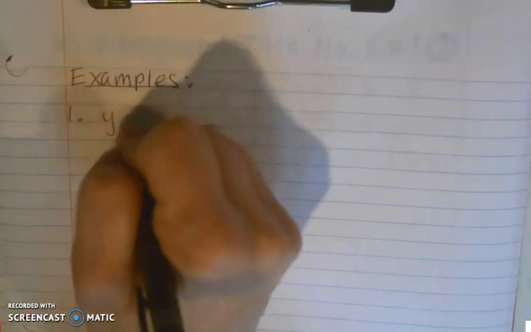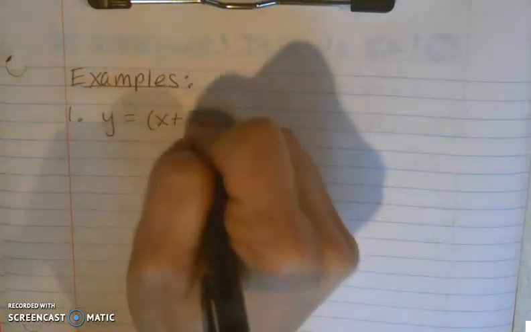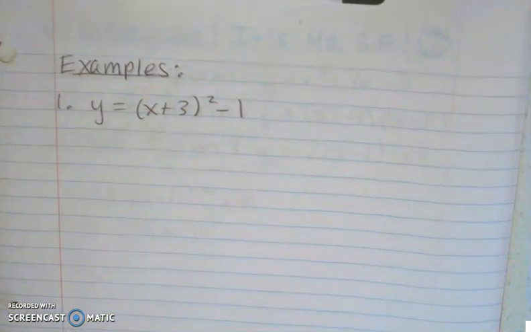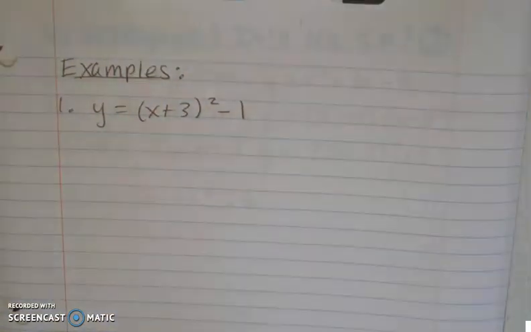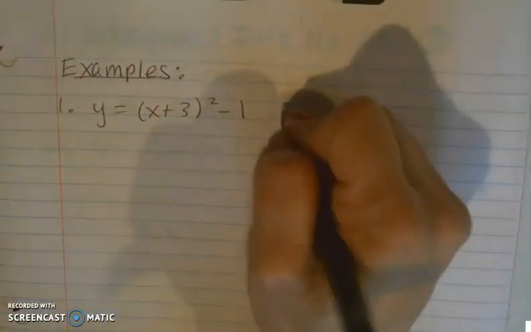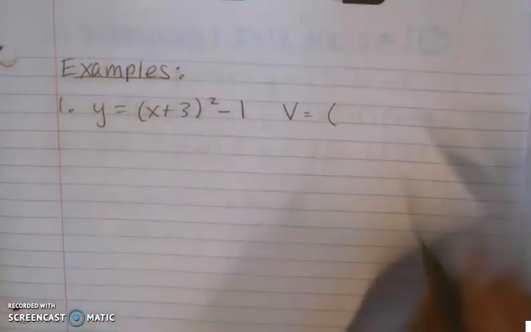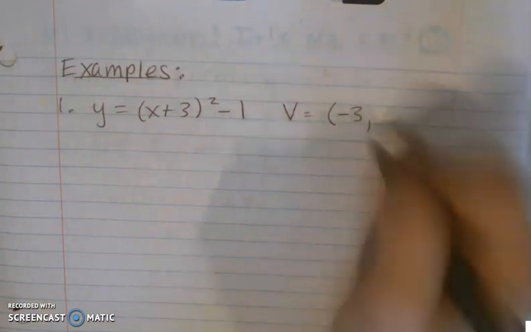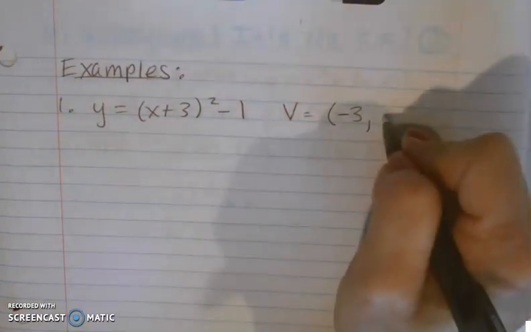Number 1. So we have y equals x plus 3 squared minus 1. Our vertex, we're going to take the opposite sign for the x, and the y stays the same.